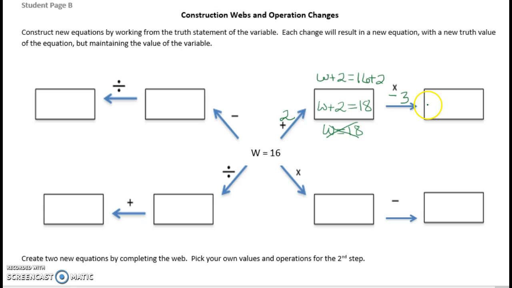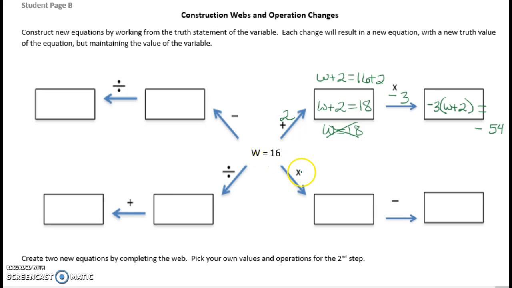In this case, we're going to take this entire side, w plus 2, and multiply it by -3, and -3 times 18 is going to give us -54. So let's continue on. We created this new equation based on an addition and a multiplication of two different values. So let's go back to w equals 16.